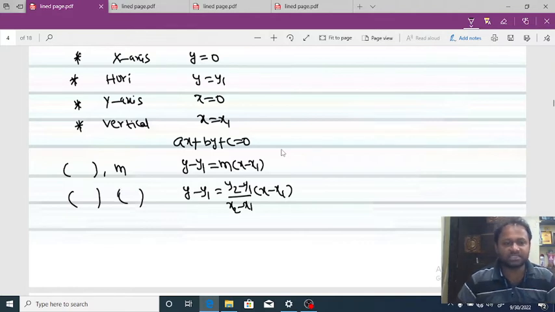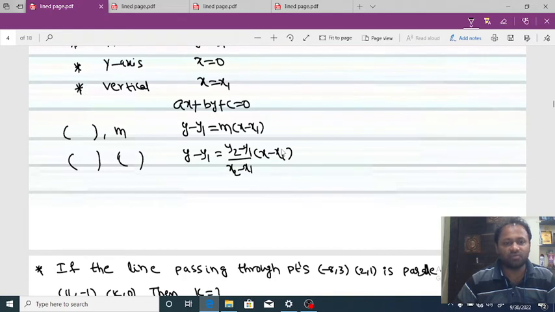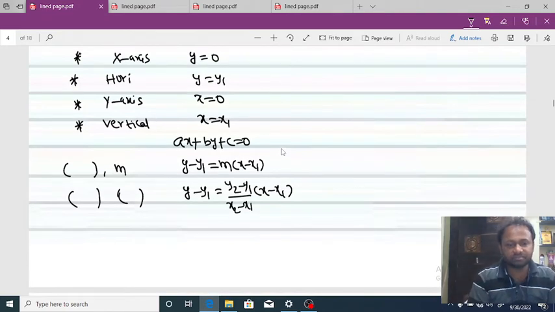And next we are going to do one more. What is that? y is equal to mx plus c. This represents the equation of the straight line whenever slope as well as y-intercept is given.